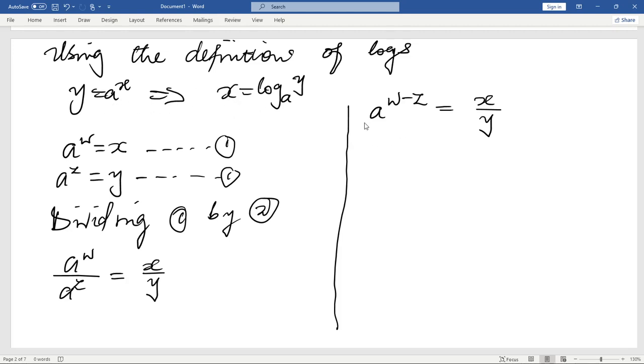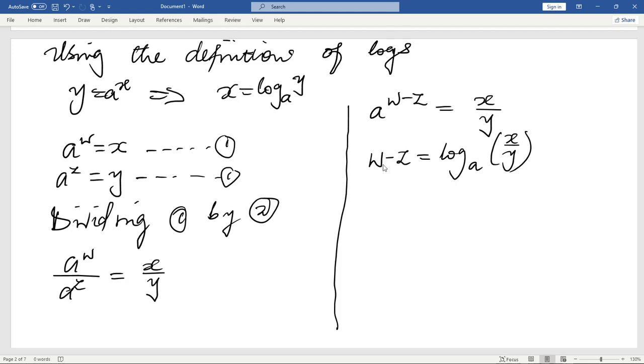This expression is in exponential form, so we need to write it in logarithmic form. We have w minus z simply equal to log x over y to the base a. Now remember, at the start of our proof we said that w is equal to log x to the base a and z is equal to log y to the base a.